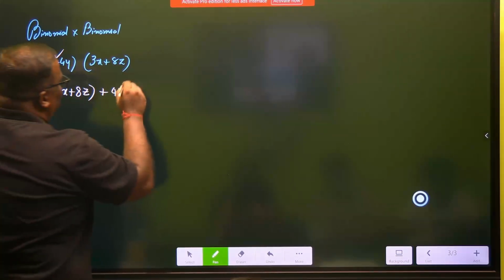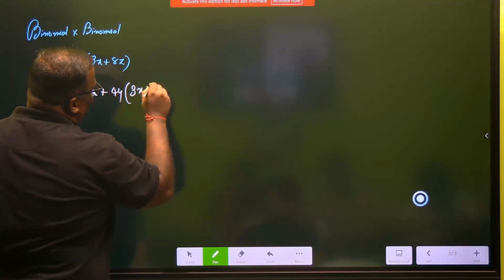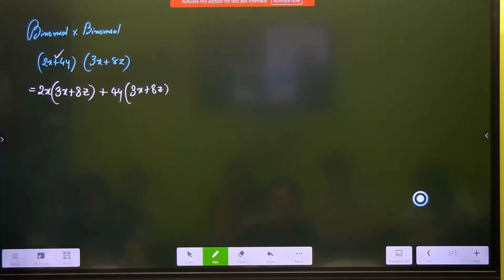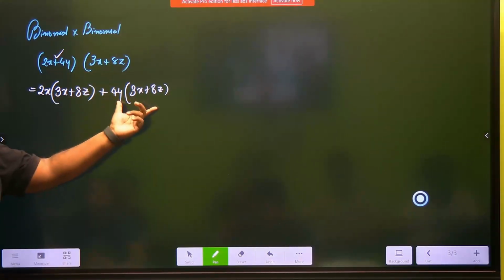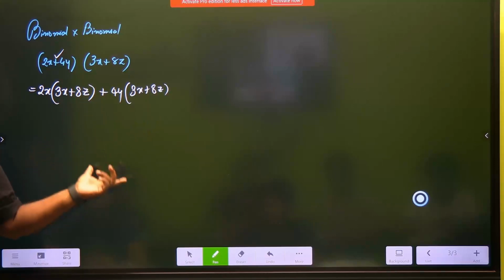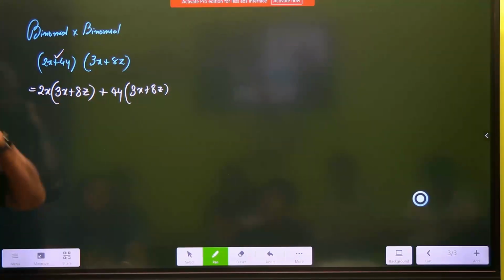So now 4y has gone and he will rate the bracket. Now see children, see the fun part here. In the previous problems, didn't you do problems of this type? Mono into bino. So from here I should not teach you, because from here you know how to do it. This is a mono into bino. So we do.